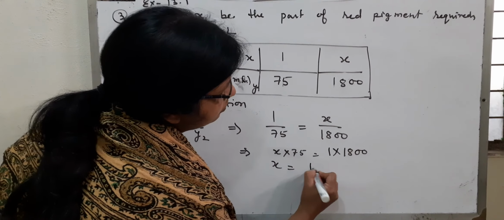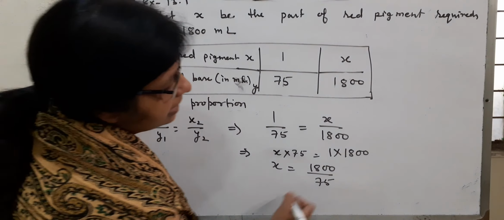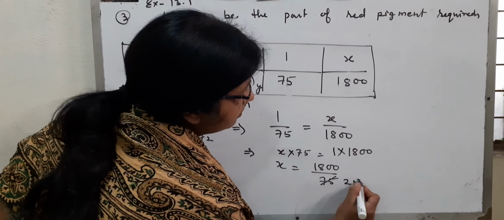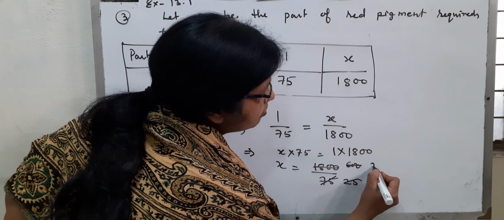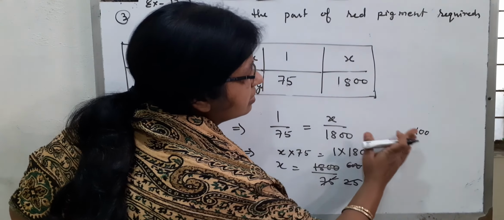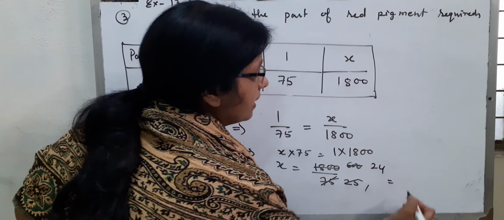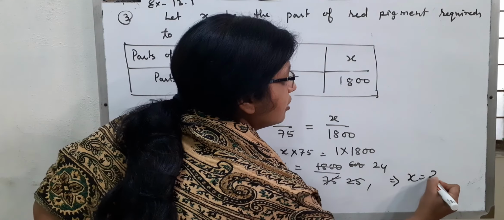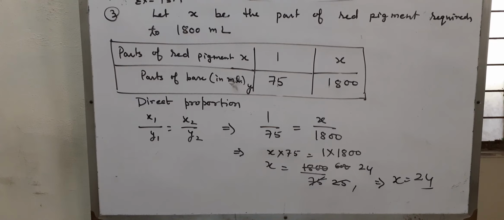Then x is equal to 1800 divided by 75. We cancel: 25 threes are 75, 25 twos are 50, 25 four are 100. Then the value of x is 24. So the parts of red pigment is 24.